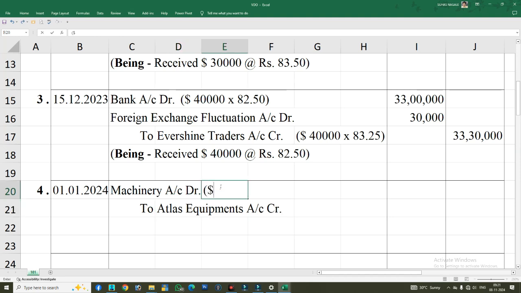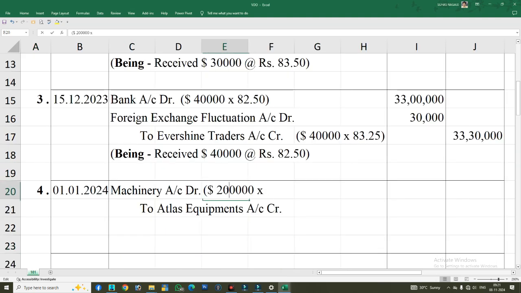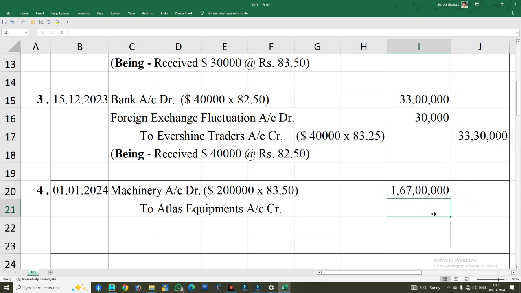In brackets, dollars are 2 lakhs into rate 83.50. Calculation: 1.67 crore in Indian rupees.